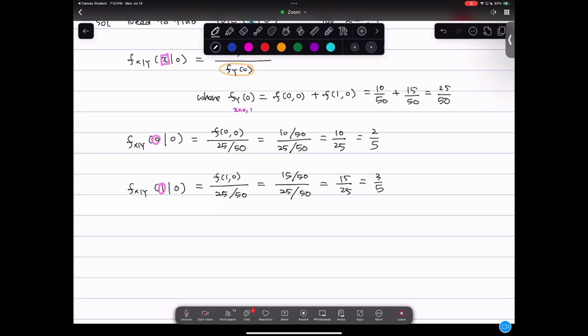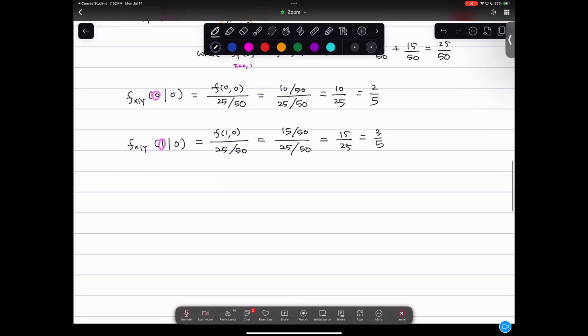So I get my entire conditional distribution. Therefore, I'm writing my conditional distribution of x given y value of 0: the probability is 2/5 for x value of 0, 3/5 for x value equals to 1.